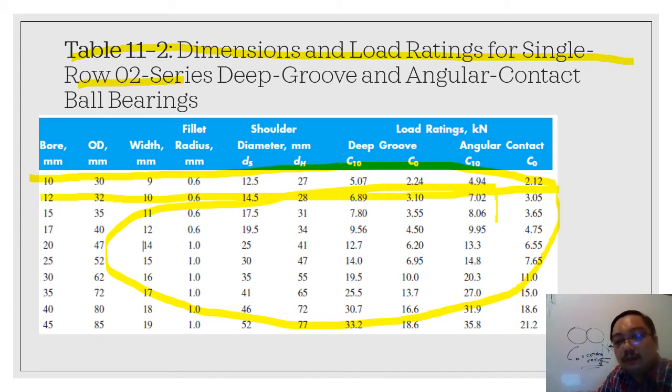You must design your shaft and all attachments that will attach to the bearing to suit the bearing requirement. Because the bearing comes from the factory, you don't design the bearing yourself. You get what they give and you design accordingly, like the width, the shoulder diameter, the deep groove, the load rating and everything. This is what dimension that you have to design yourself, to suit the bearing.